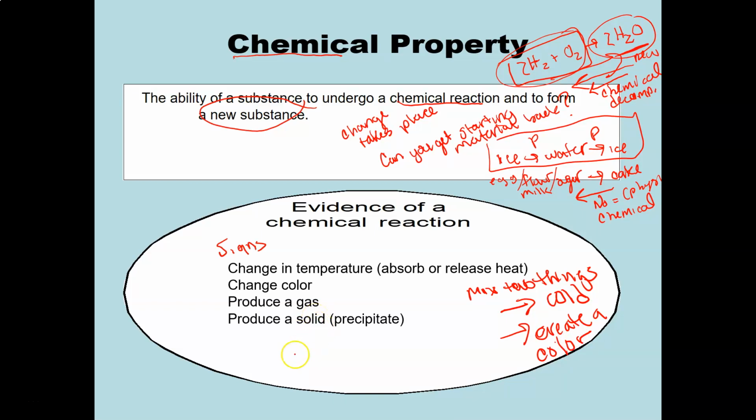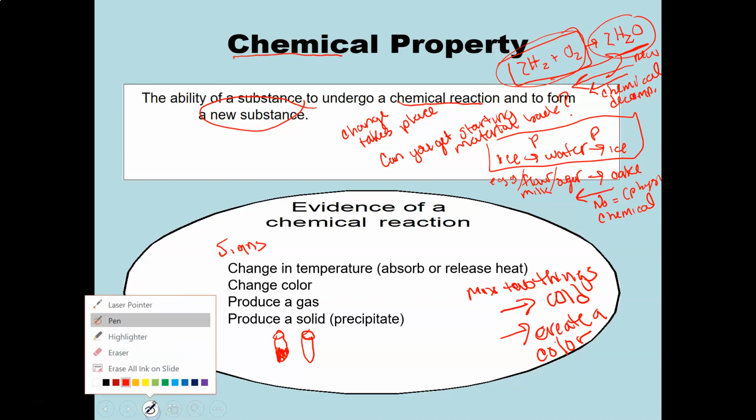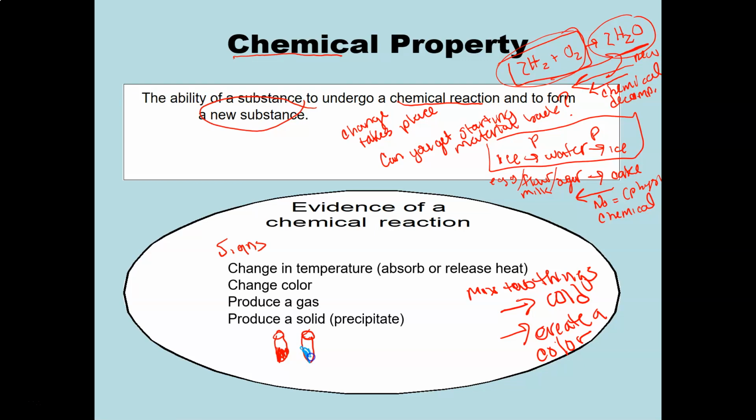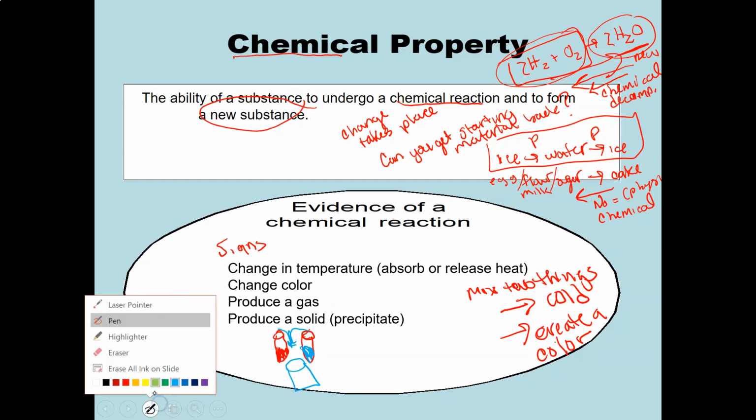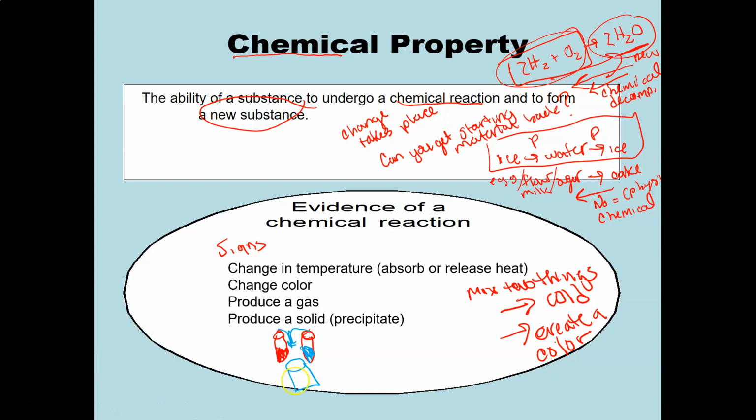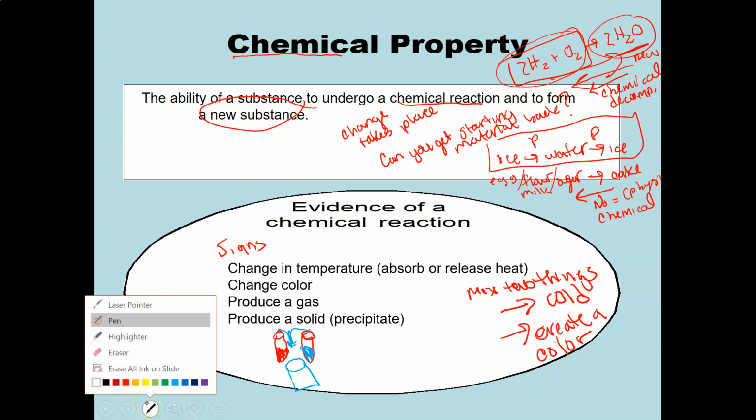You produce a solid. In other words, I take a nice test tube with a beautiful red solution, and then I take a next test tube and I'll change the color on this. Let's say the solution is blue, right? And I pour them together into a beaker, and what I get is, it's not going to look that way.